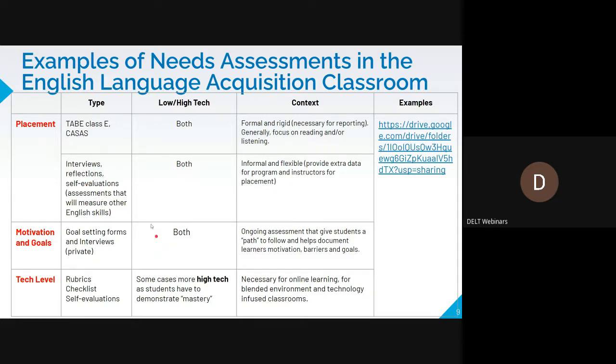Moving next, we align that to motivations and goals. So we created a form, and I'm going to show you very quickly and share with you some of the templates that we've been using. You are welcome to use them and share your feedback, because this is an ongoing process. And lastly, the tech level.